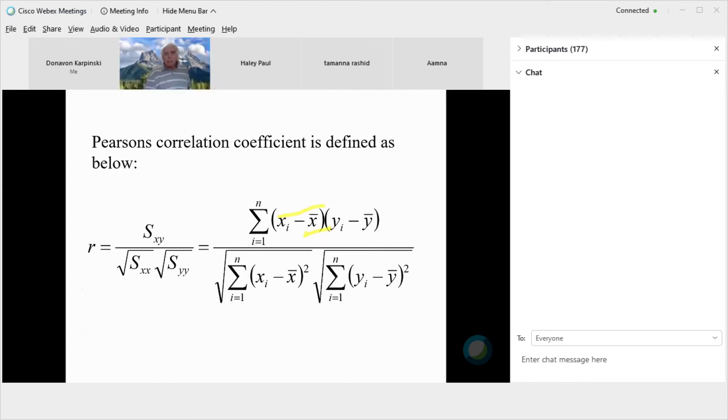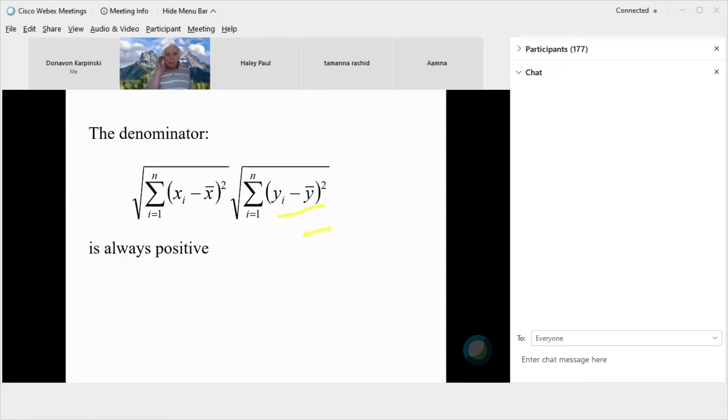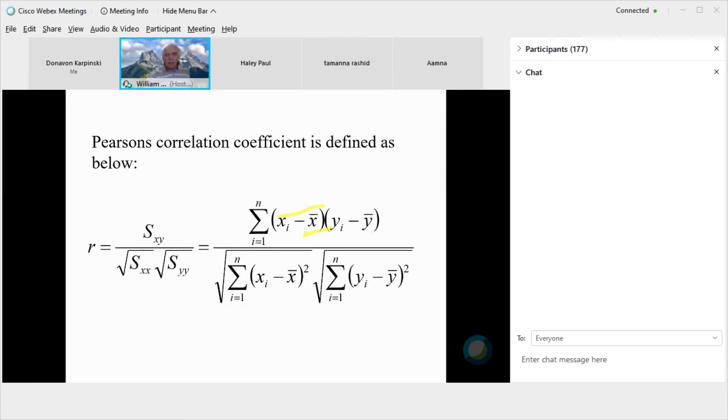Pearson's correlation coefficient divides SXY, the sum of xi minus x bar times yi minus y bar, by the square root of the sum of xi minus x bar squared times the sum of yi minus y bar squared. The denominator is always going to be positive. The sign of r will be determined by the sign of SXY.